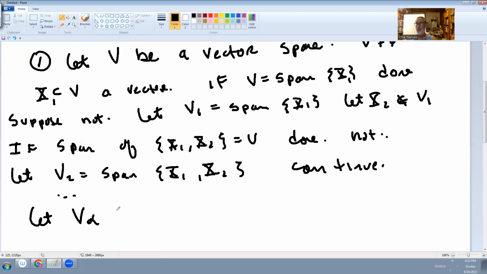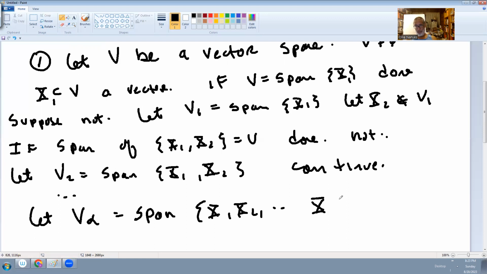An ordinal is like 1, 2, 3, 4, omega 0, which is the first countable ordinal, etc. But if you're just learning, an ordinal is something that orders things like first, second, third, as opposed to a cardinal, 1, 2, 3, etc. So let V sub alpha equal the span. And so you've done this construction.